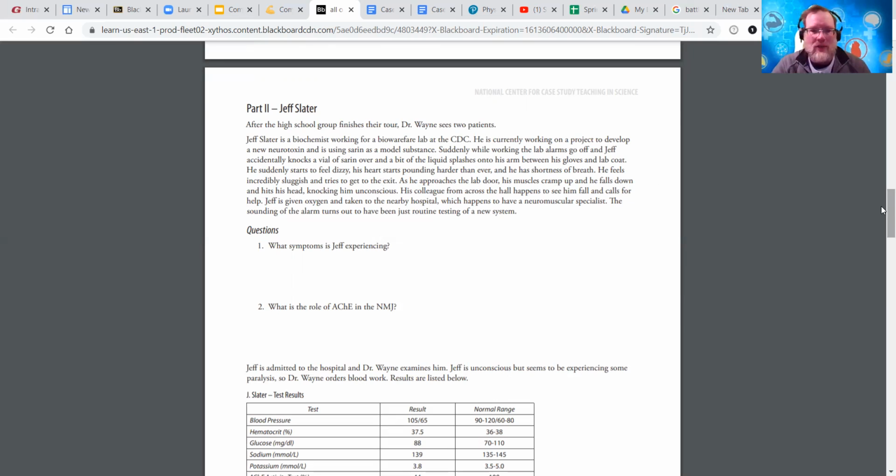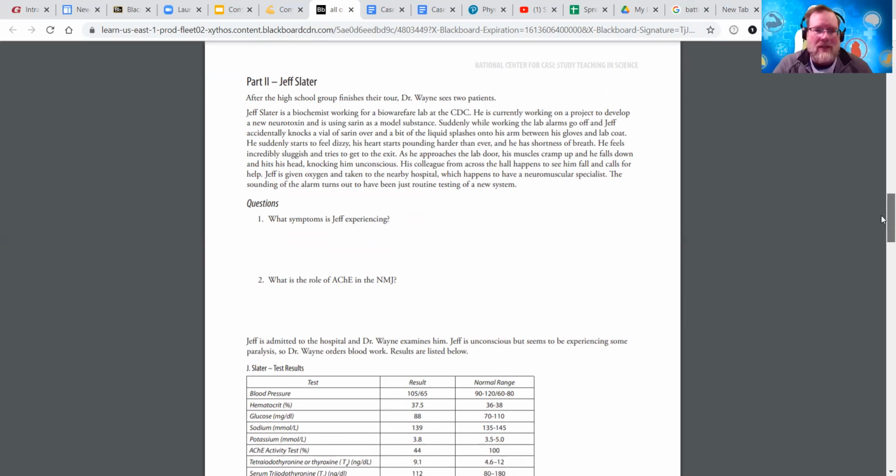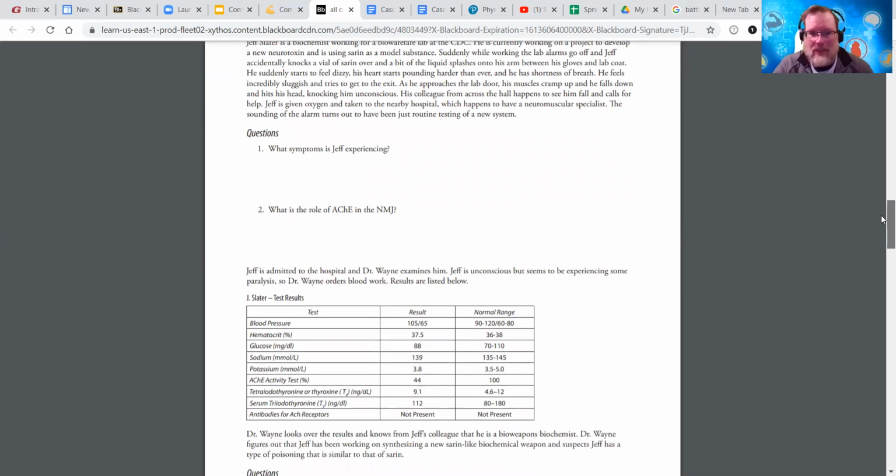So he's rushed to the emergency room. And so it asks about the symptoms he's experiencing.